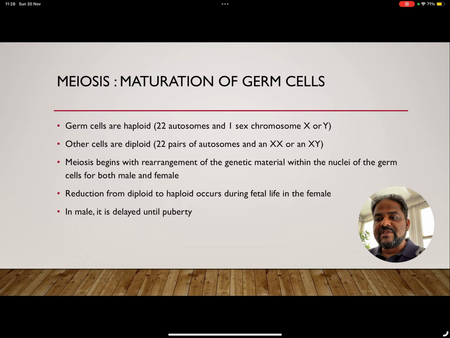Meiosis begins with rearrangement of the genetic material within the nuclei of the germ cells for both male and female, and reduction from diploid to haploid occurs during fetal life in the female. However, in male, it is delayed until puberty.